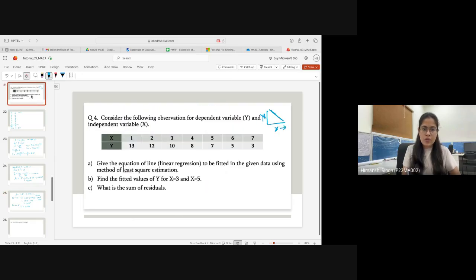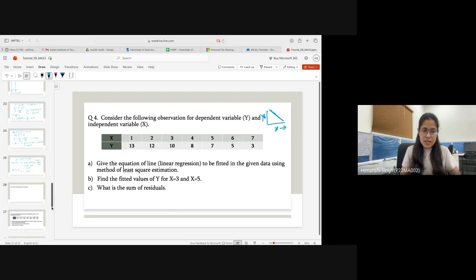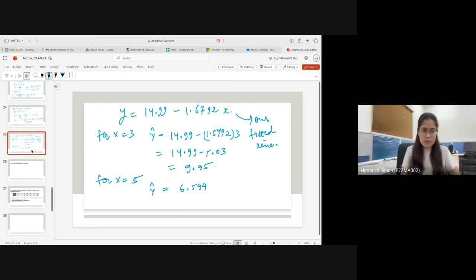Okay. Now what is the next question? Find the sum of residuals. So the residual is yi minus yi hat, and I want the sum of the residuals. The observed values I know. I can calculate yi hat for each i and just sum it.